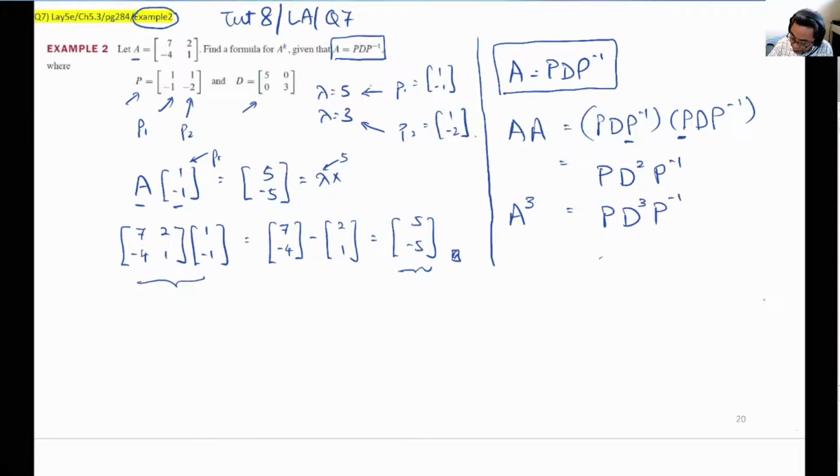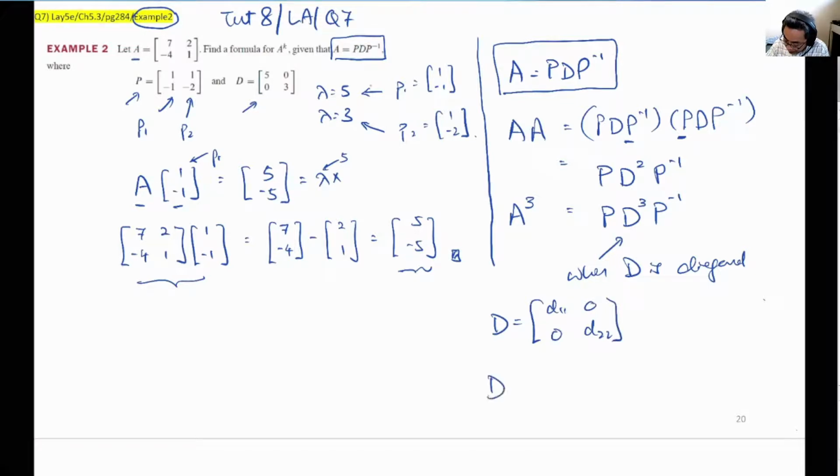Now, the interesting thing, of course, is that when D is diagonal, then it is very simple. For example, D equals, let's just try, D11, D22 with 0s.